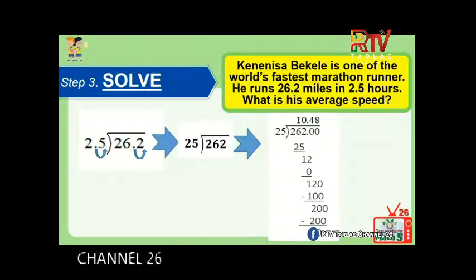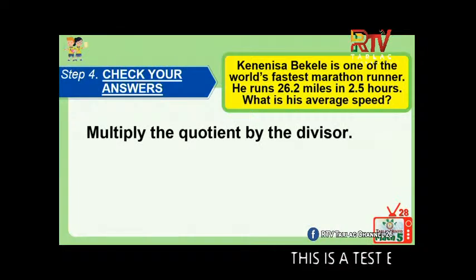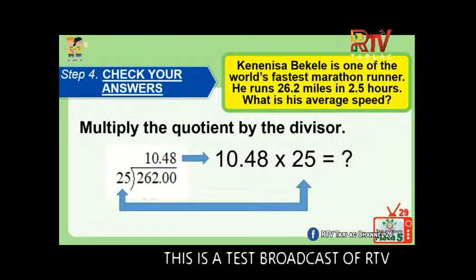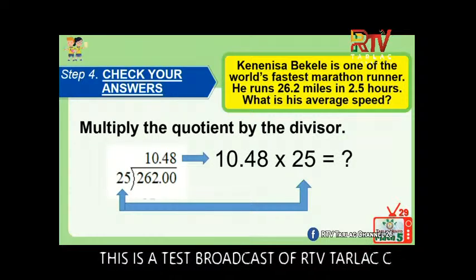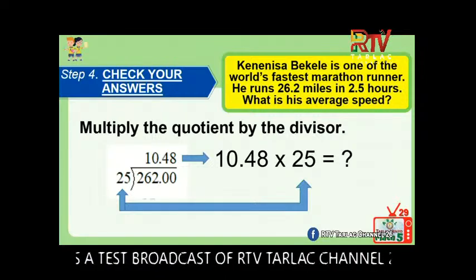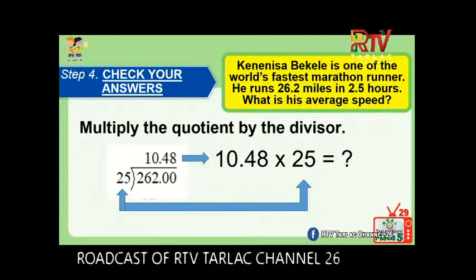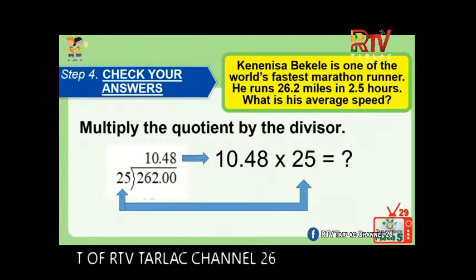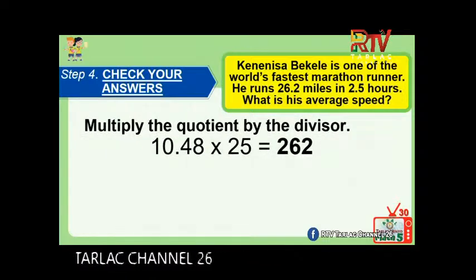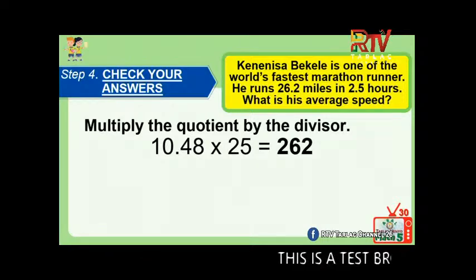Are we done? Not yet. Step number 4. To check if your answer is correct, just multiply the quotient by the divisor. 10.48 times 25 equals, if you get the product of 262, which is our dividend in the earlier equation, then your answer is correct.